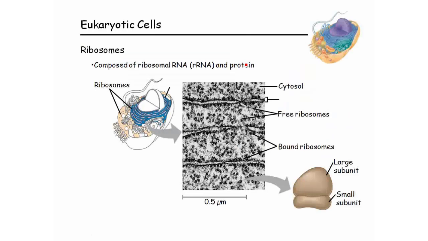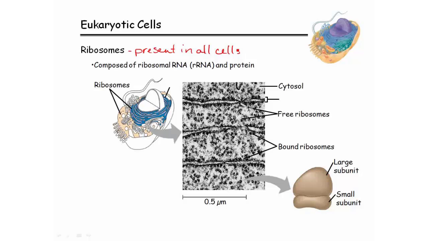The next part of the cell that we want to talk about are the ribosomes. And the ribosomes were one of those things that was present in all cells. So this would mean both eukaryotic and prokaryotic cells. These are going to be made up of 2 different types of molecules. They will be made up of some RNA, which because it's found in the ribosome, we call it ribosomal RNA or rRNA. And then they also have a protein component.